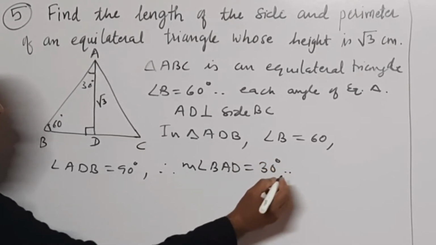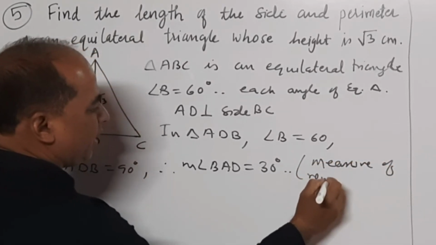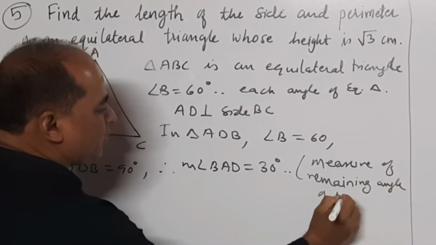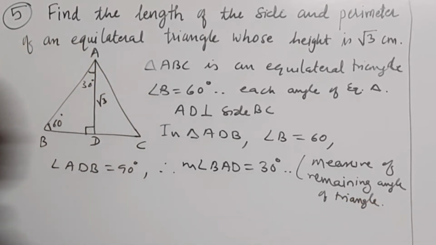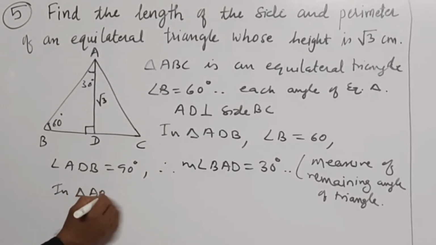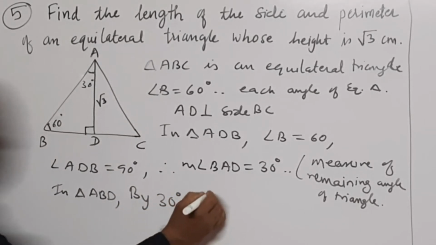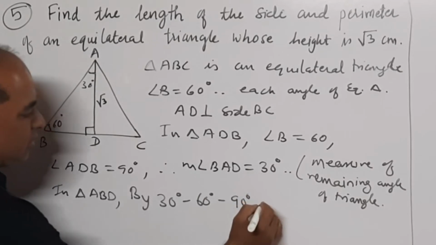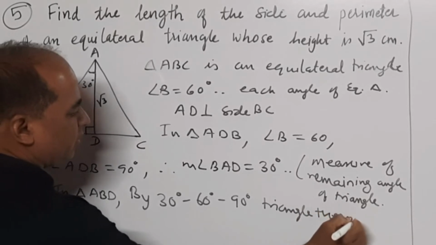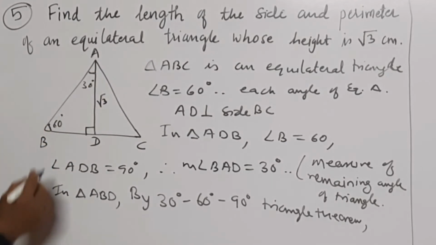Measure of the remaining angle of the triangle. So now in triangle ABD, by the 30, 60, 90 degree triangle theorem, we know that this height is given and we have to find the side of the triangle.